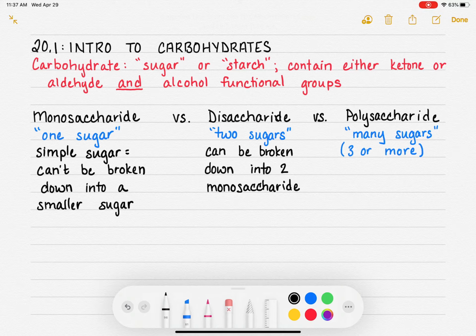And like I said, some disaccharides our bodies are not capable of breaking down, and so we can't metabolize them, which we'll talk about. And then a polysaccharide, if we can digest it, can be broken down into 3 or more monosaccharides, depending on how big it is.